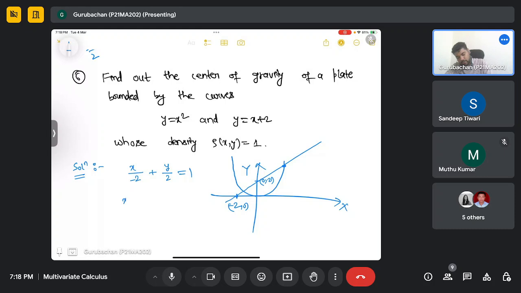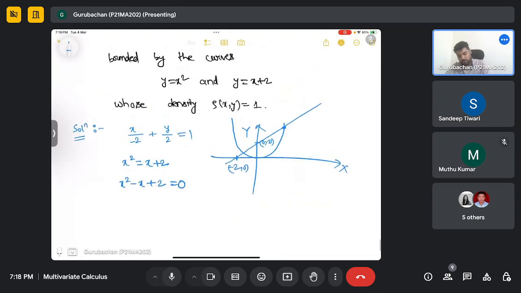And what will be this point? x square equal to x plus 2, and from here we get x square minus x minus 2 equal to 0. So x will be 2 and minus 1. So this will be our minus 1, comma 1, and this will be our 2, comma 4.